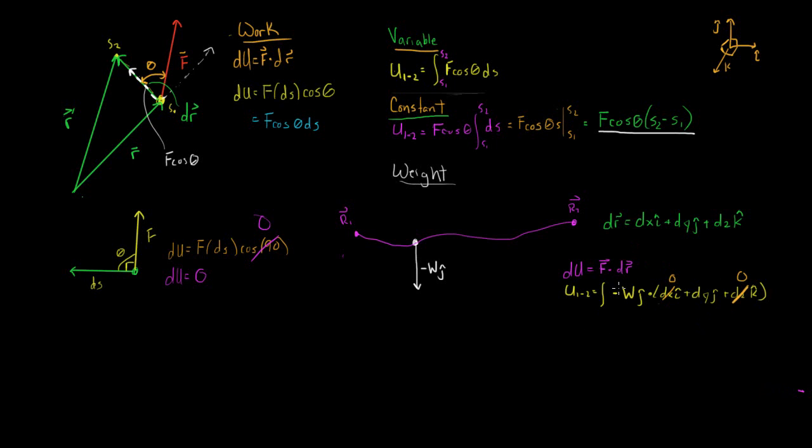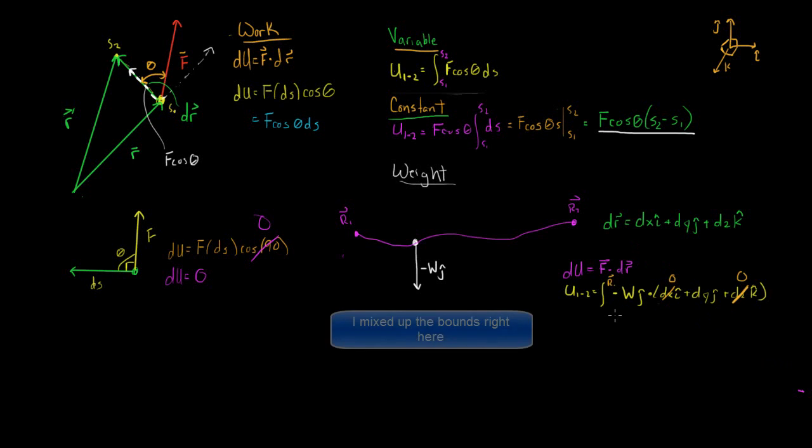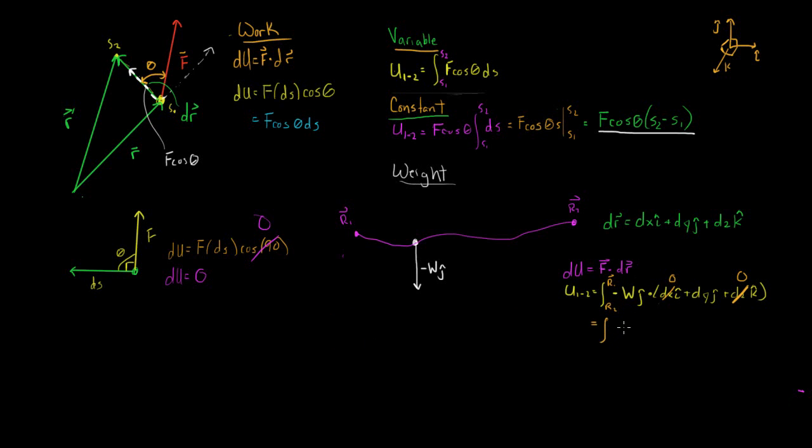So when we get this integral, from this R1 to this R2, we can simplify this, and it becomes the integral of just the y's, because that's all that's changing. So y2 to y1 of minus w times this dy.